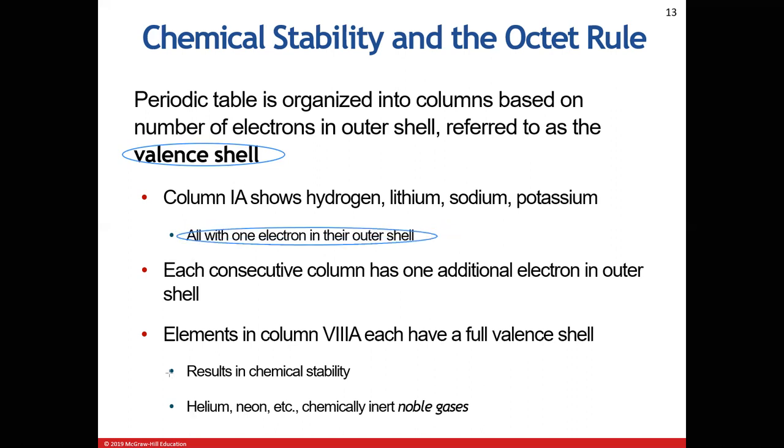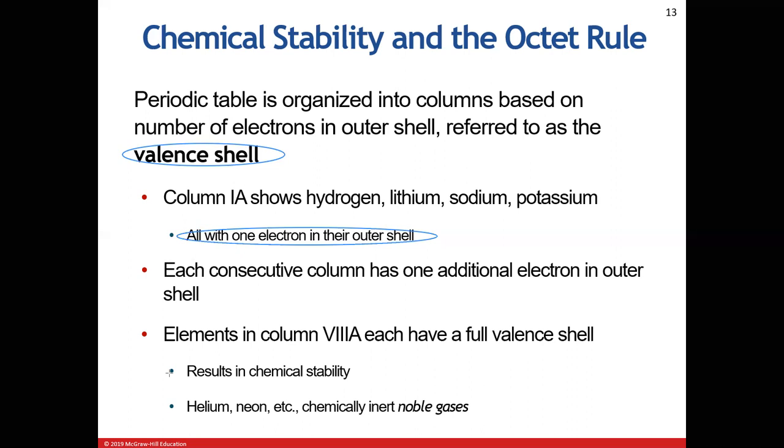As we move to the right in the periodic table and we look at the columns, each column has 1 additional electron in its outer shell. Until we finally get all the way to the very far right of the periodic table, column 8A or VIIIA. Each of these is going to have a full valence shell because the entire outer shell of that element is completely full with electrons.